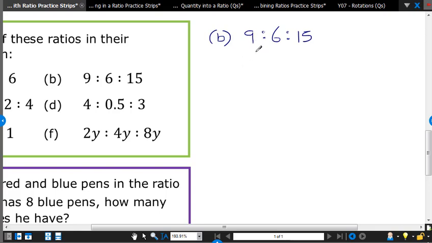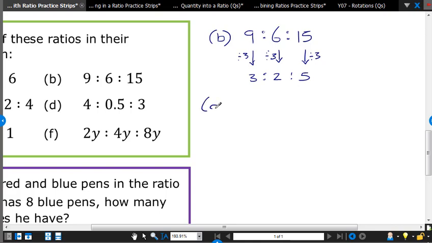You can use little guidelines if you want. I'm going to stop using them soon, because you'll get to a point where you're very good and you don't need to use them, but let's just use them for now. 9 divided by 3 is 3. 6 divided by 3 is 2. And 15 divided by 3 is 5. And that's it.